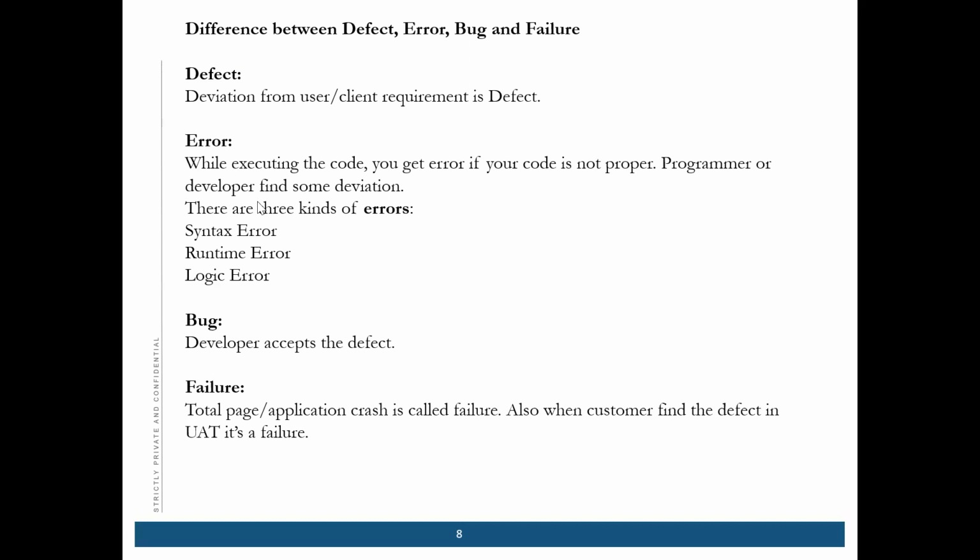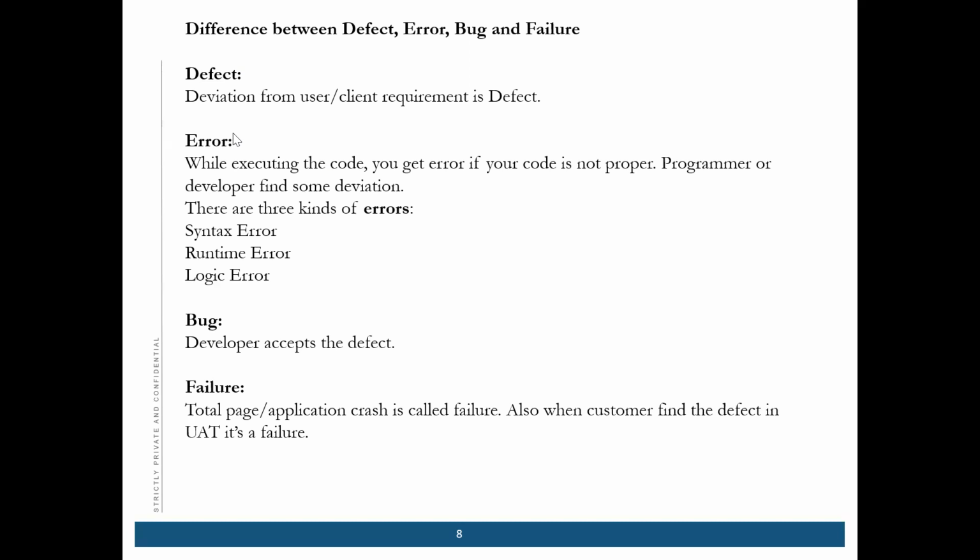Now, error. What is error? Error usually comes in when we are executing our code. At that time you get some syntax error, runtime error, logical error, or any other type of error in your program. That is called an error. Errors are not what QA people find out; testers always find the defect.